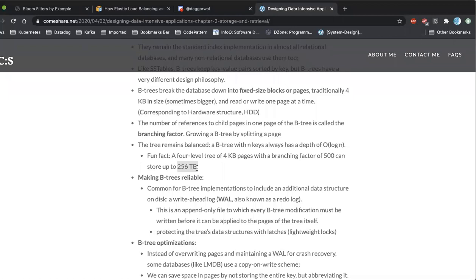Yeah, correct. That's true. I was looking at this 256 TB as the in-memory thing, actually. No, it's too big for in-memory. B-trees are used for disk. Because the B-tree, the index and the memory locations are also stored in memory, right?